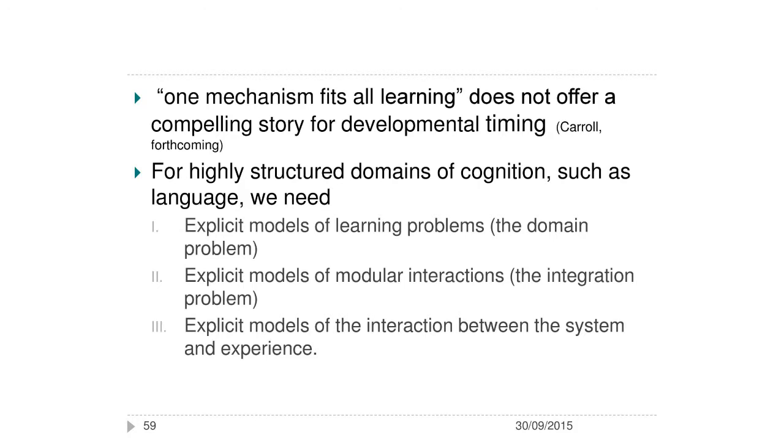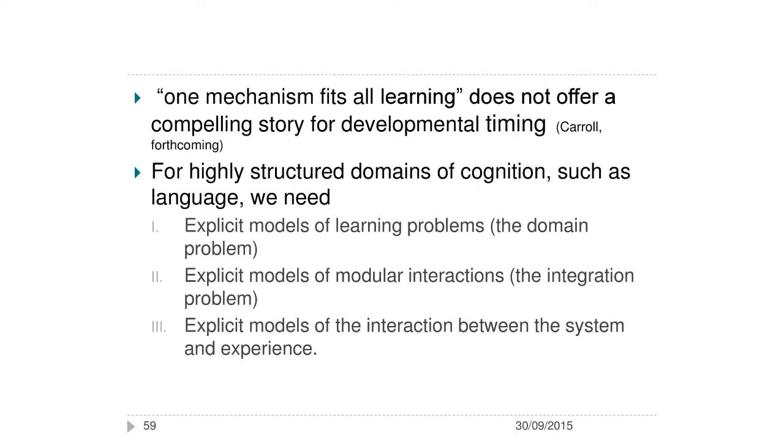The take-home message for me from all of this is that we cannot have one mechanism that fits all grammatical learning. It just will never get off the ground with respect to developmental timing.